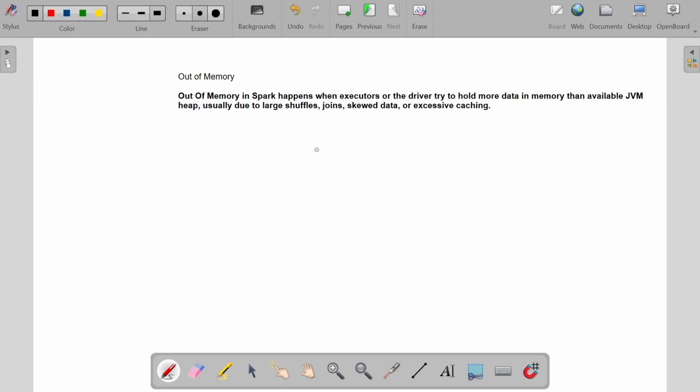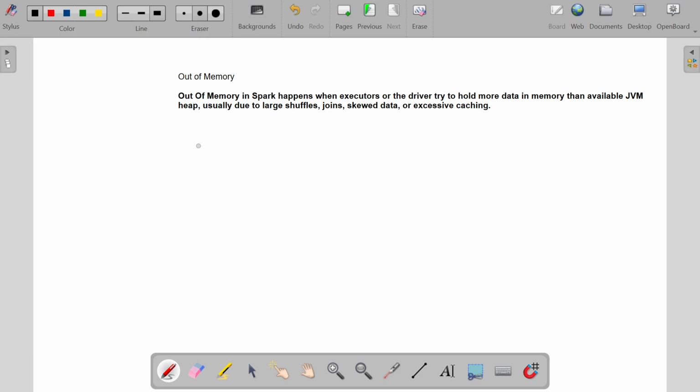Okay. So what happens when you have an out of memory? Your executors crash, there will be job failures, task retries, and extremely slow performance, because you need some memory to do certain tasks.